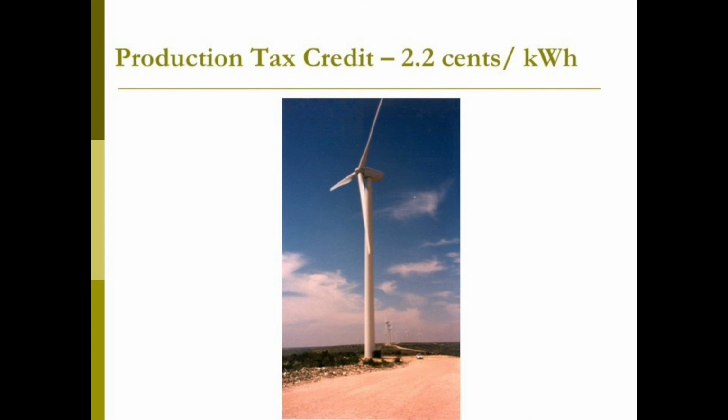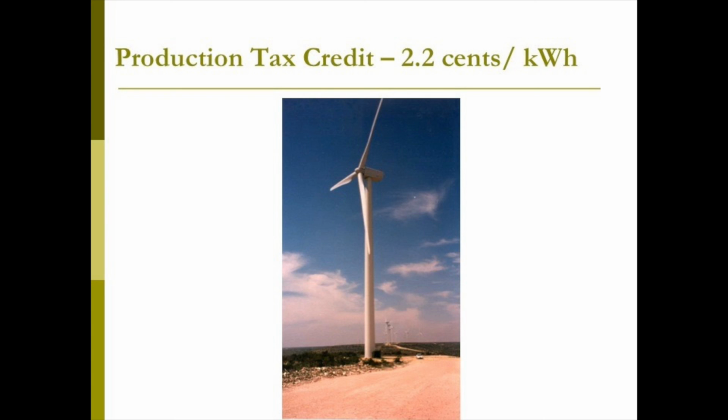People who build wind farms are doing this to make money. And in order to induce people to build wind farms in desirable locations, there is a production tax credit.